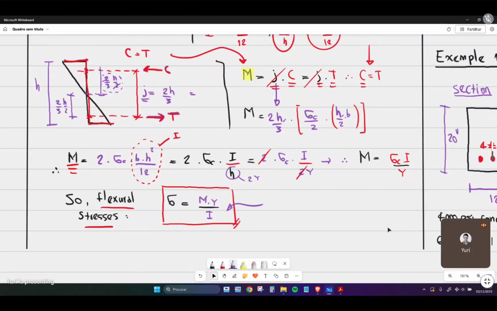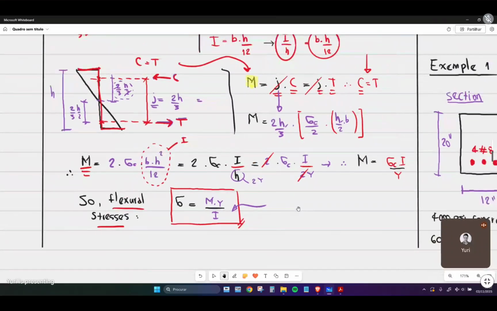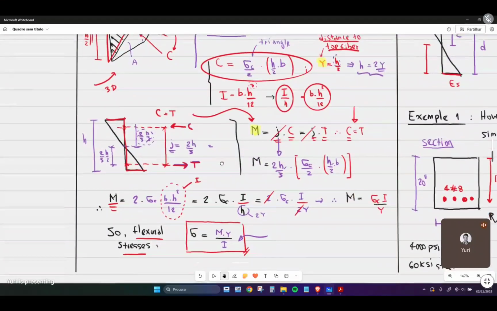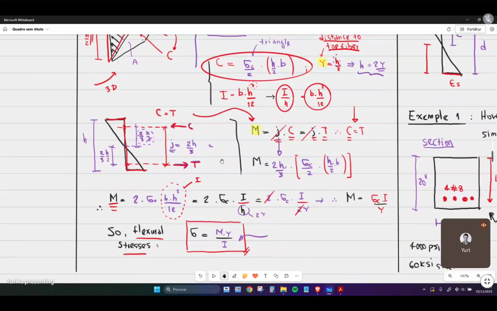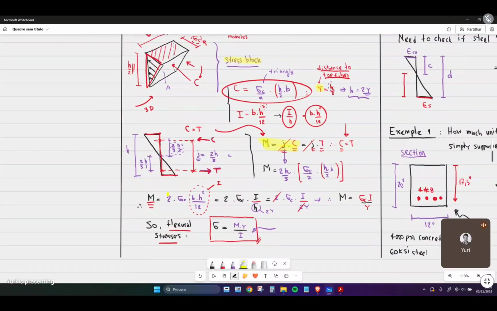So the idea behind the flexural theory is understanding where we're going to have compression and tension, what the definition of bending moment is, and how we can determine the forces in the stress block.